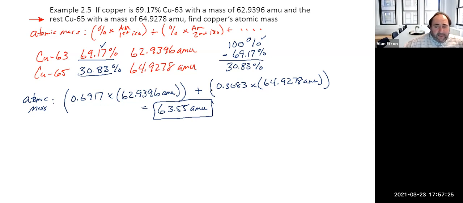That gives you really the average atomic mass and the number that we see on the periodic table, which means if you were doing this problem backwards and weren't given the atomic mass but had to find the mass of an isotope or something like that, you could use the number on the periodic table as your average atomic mass. Any questions on that calculation there? Okay.